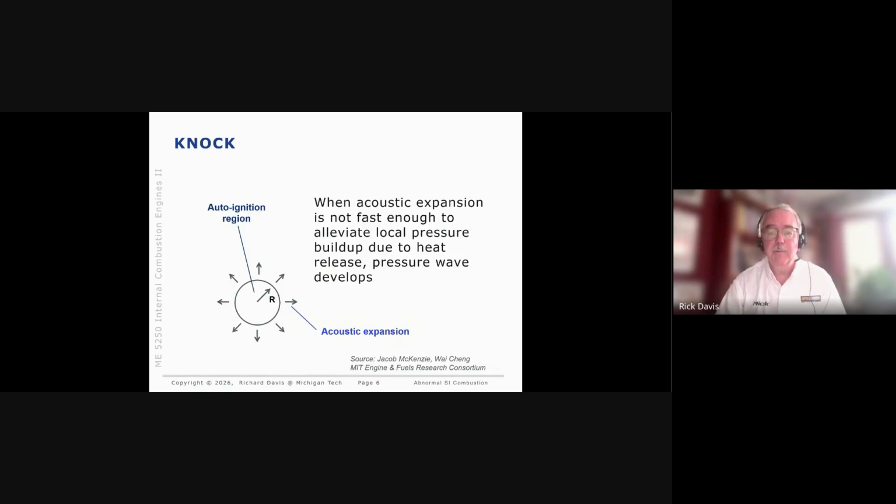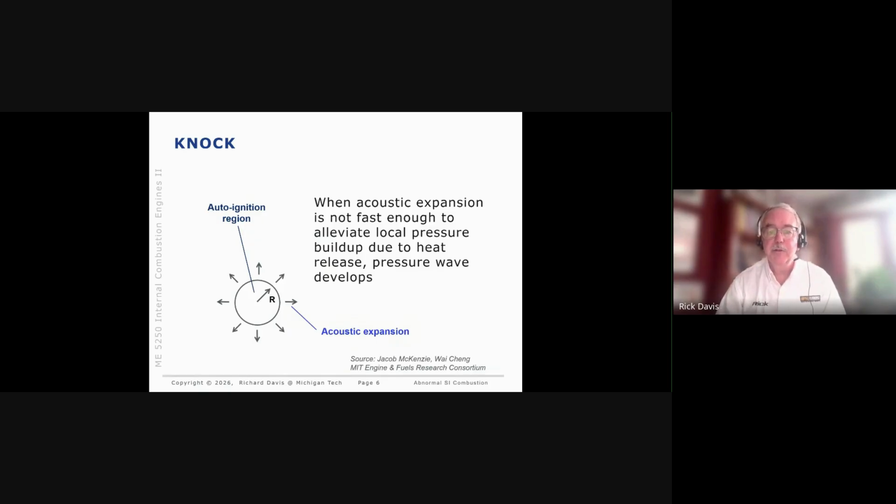So in normal SI combustion, the heat release rate is slow enough that the pressure in the chamber is basically uniform. So you're releasing energy at the local flame front, which increases the pressure and decreases the density of that charge, but there's enough time for mass flow to occur to basically keep the pressure in the chamber uniform.